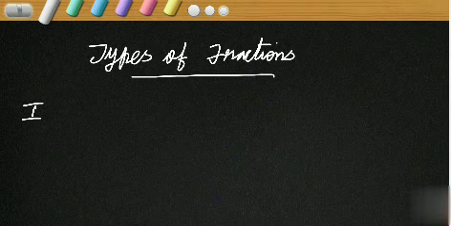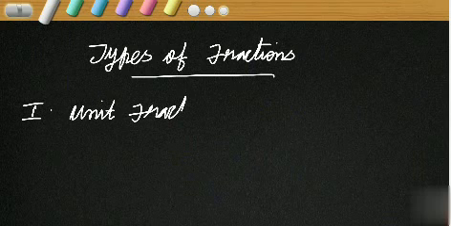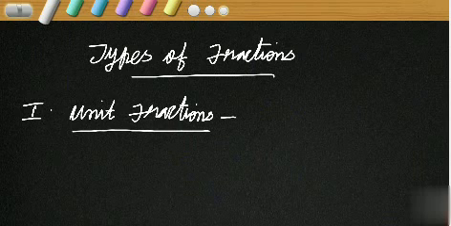The number 1, the first type is, please write down, unit fractions. Underline. What is meant by a unit fraction? Fractions with 1 as the numerator are known as unit fractions, isn't it?